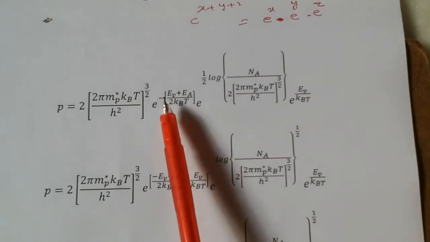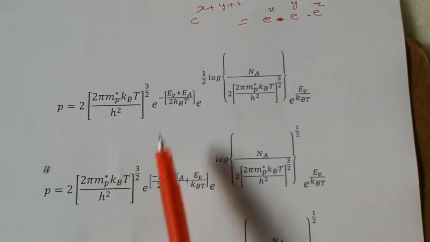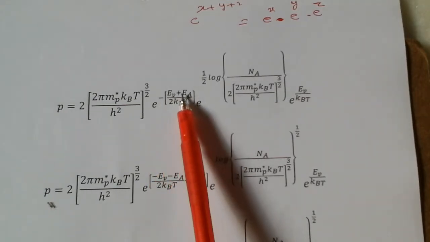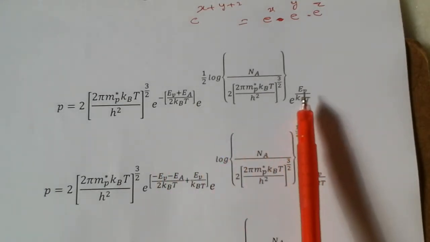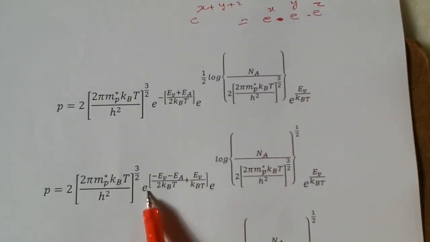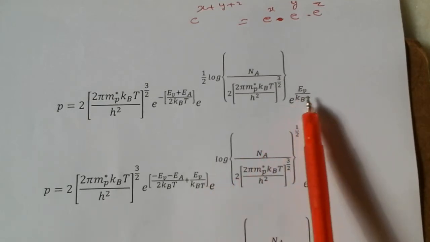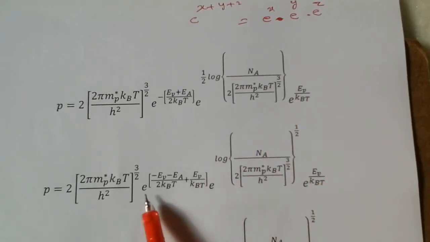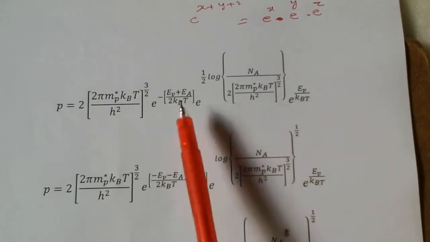Sorry, EV, if minus you send inside, minus into EV, minus into plus, minus EA by 2 KBT. This e power of EV by 2 KBT is written in this power only, as a single power, EV by KBT. Means bases are same, that's why powers are added.